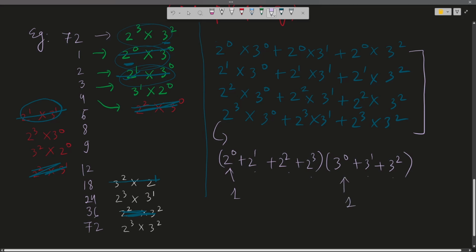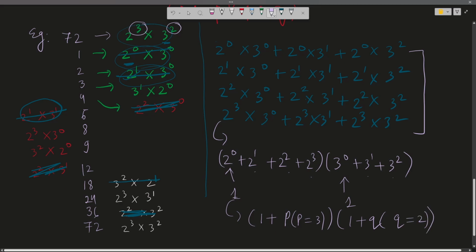That means the highest power of 2 was 3 and the highest power of 3 was 2, so the formula is being applied here. We can say it is 1 plus p, where p is 3, into 1 plus q, where q is 2.